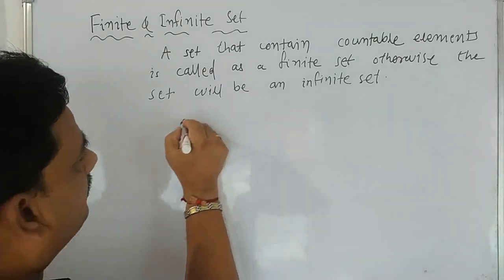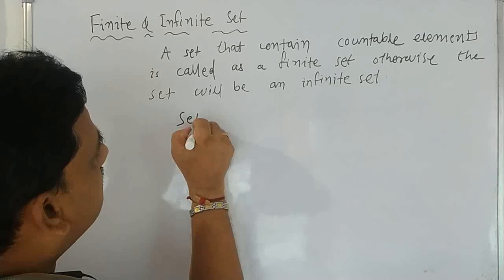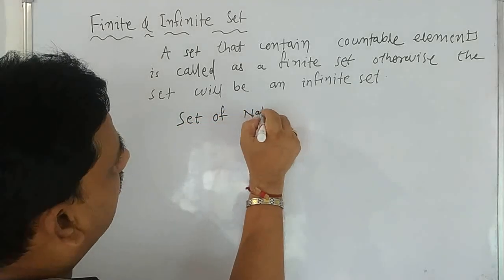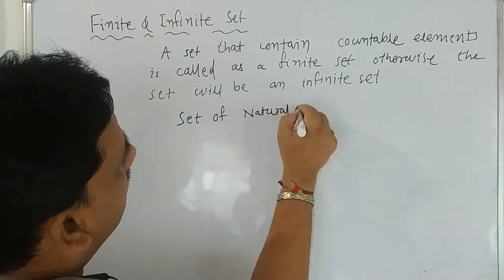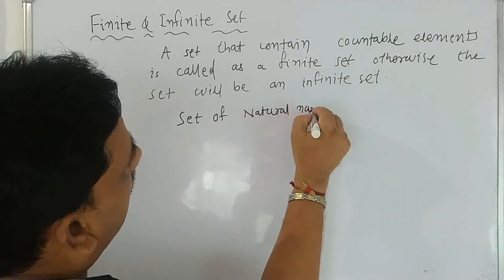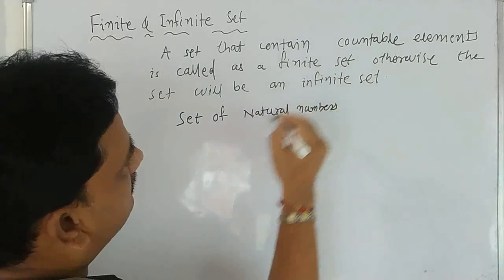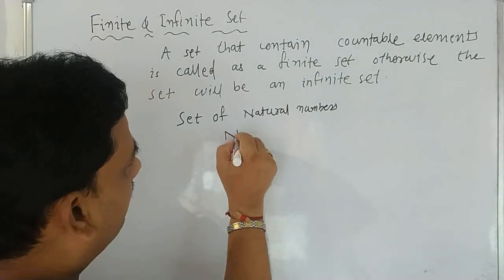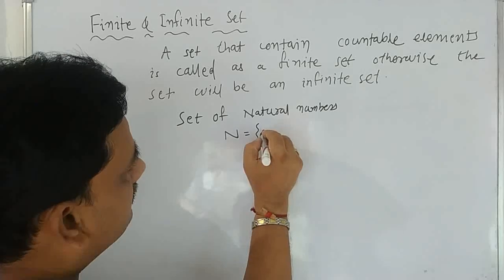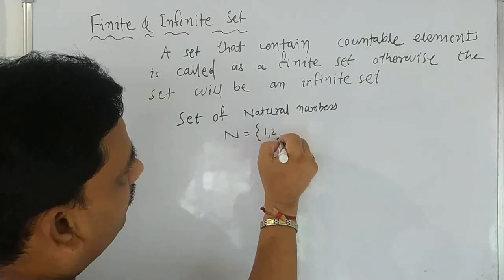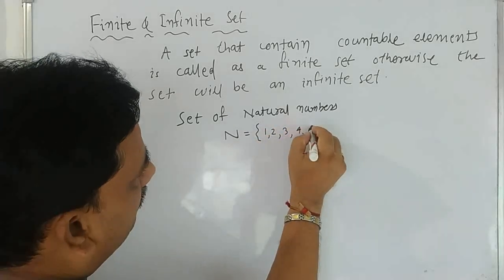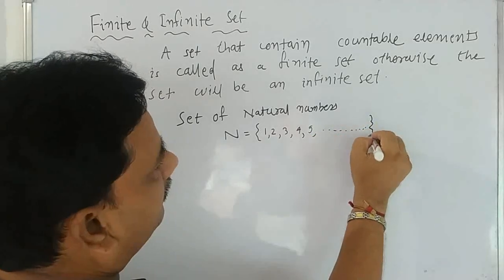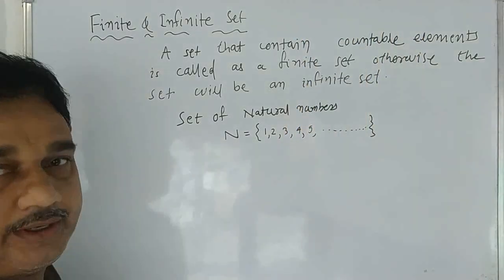For example, the set of natural numbers. Okay, so the set of natural numbers N you write like this: 1, 2, 3, 4, 5, dot dot dot, because it goes to infinity.